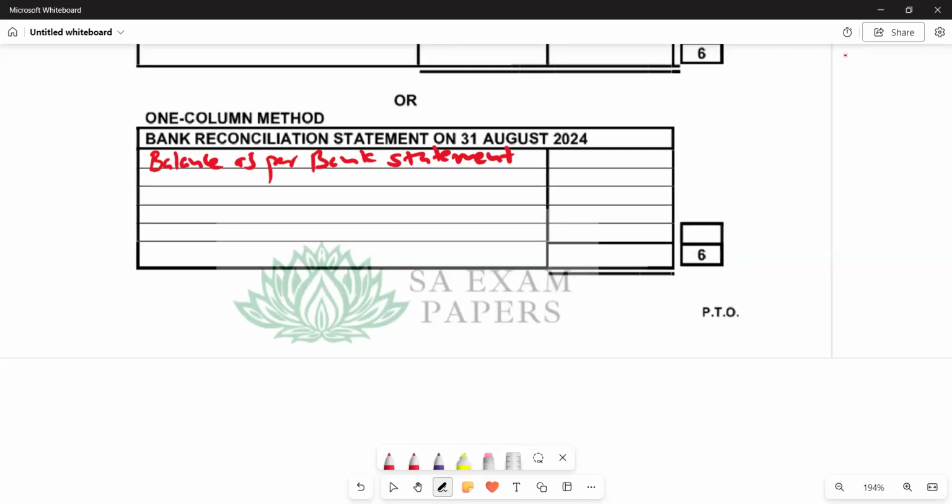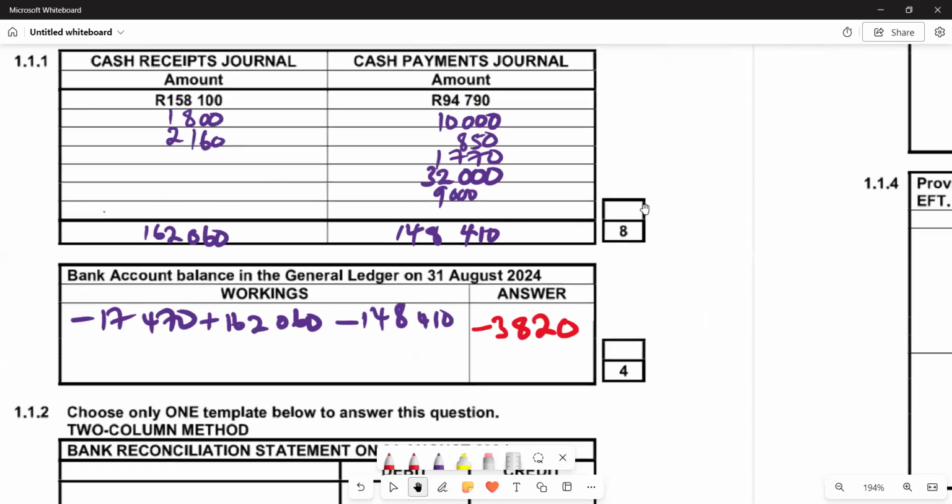So here we are saying debit amount incorrectly credited, and the amount is 11,000. So we say 11,000, and I will put it in brackets to show that it's a negative, we are subtracting. Then we go to the next one, which is affecting our bank reconciliation.